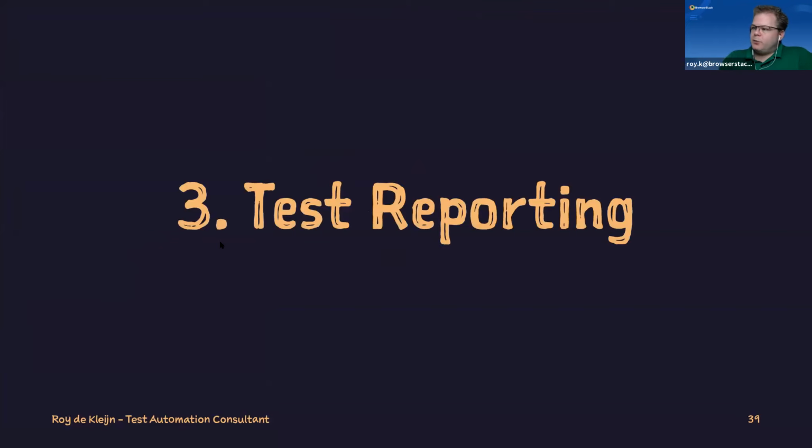So the last topic I like to touch on is test reporting, because I've seen a lot of frameworks, and the thing people don't really like that much is reporting, because a test does pretty much a lot of things. And you don't see that in the reporting.